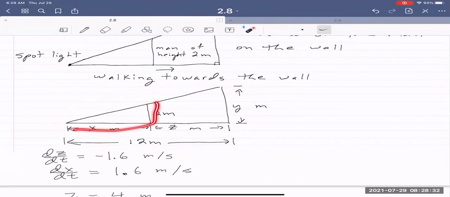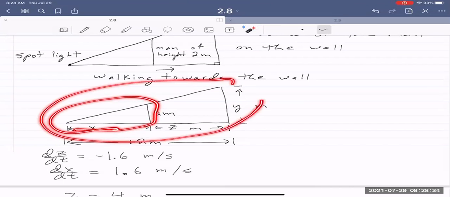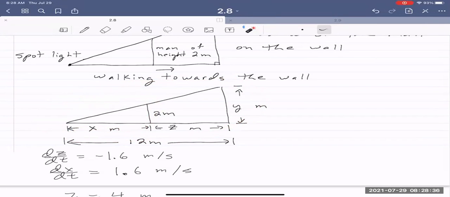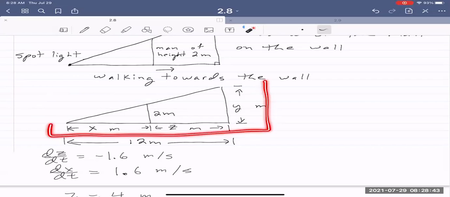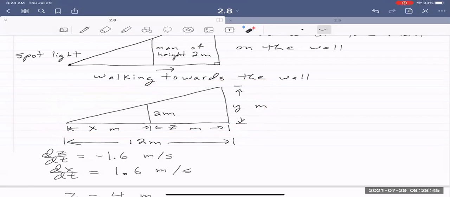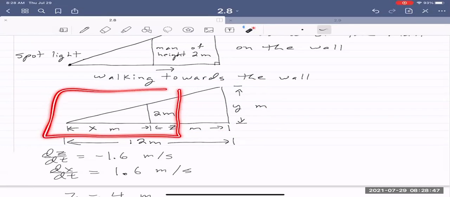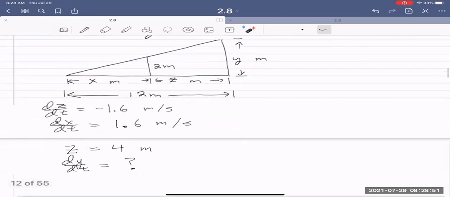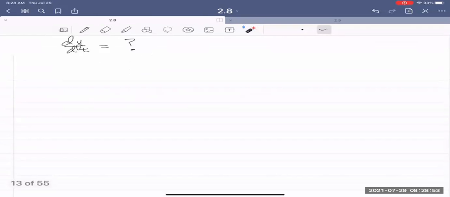In this case, it looks like similar triangles. So let's look at these similar triangles. This triangle is similar to this bigger triangle. So this is a 2, and that's an x. So let's draw that.